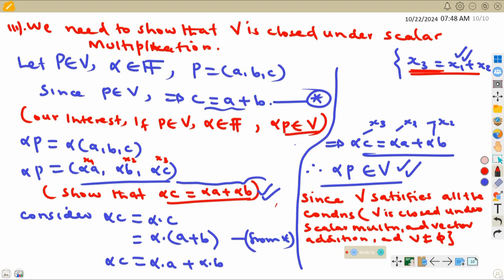V is closed under scalar multiplication and closed under vector addition, and most importantly, V is not empty, then V is a subspace of R3. So that will be the proof.